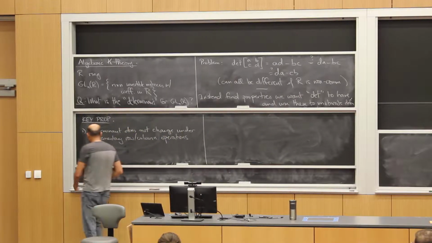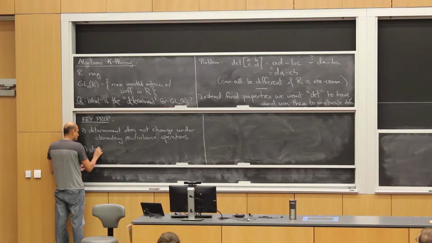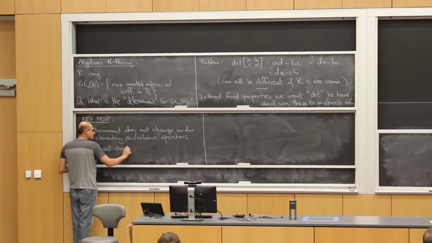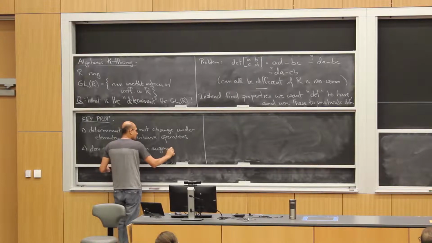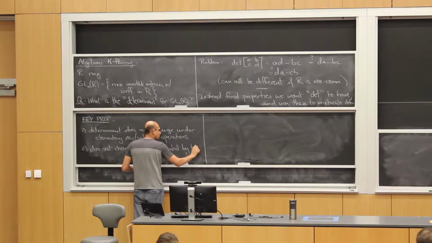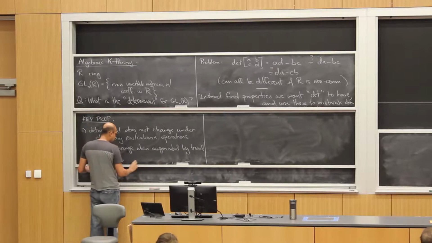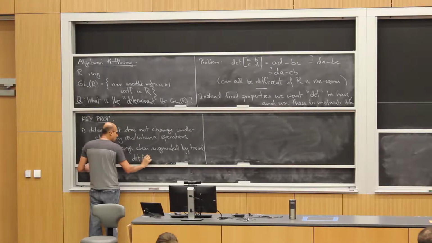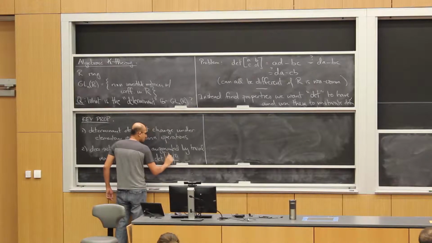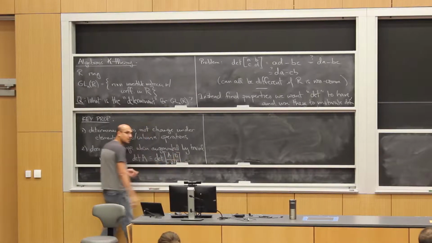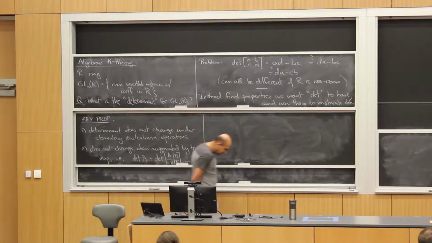And the other property it has is that it does not change when you augment with a trivial map. What I mean by this is that the determinant of A is the same as the determinant of the block matrix where you augment with a 1. Those two determinants are exactly the same.